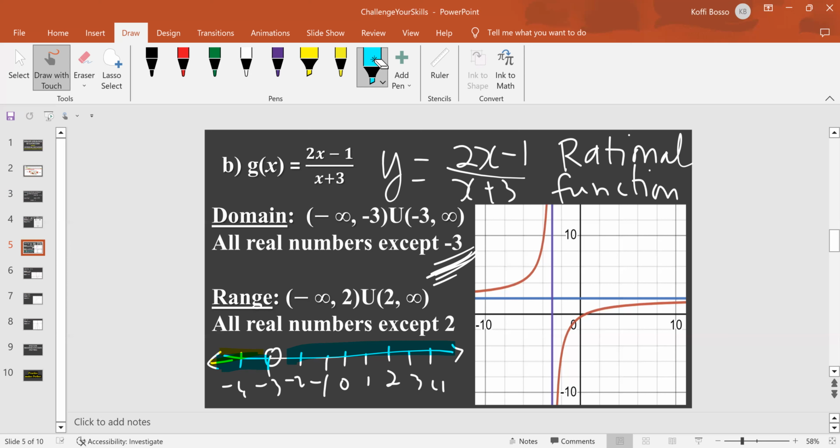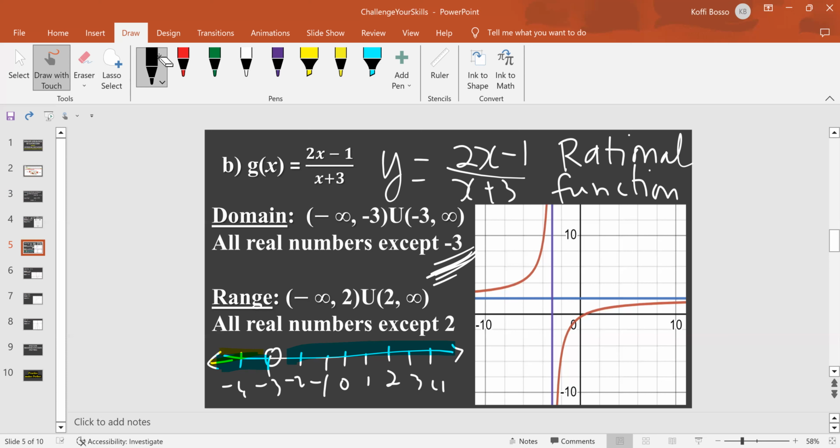So you could understand that the blue line we have here passes through the y value of +2. So that y value +2 will not be in the range.